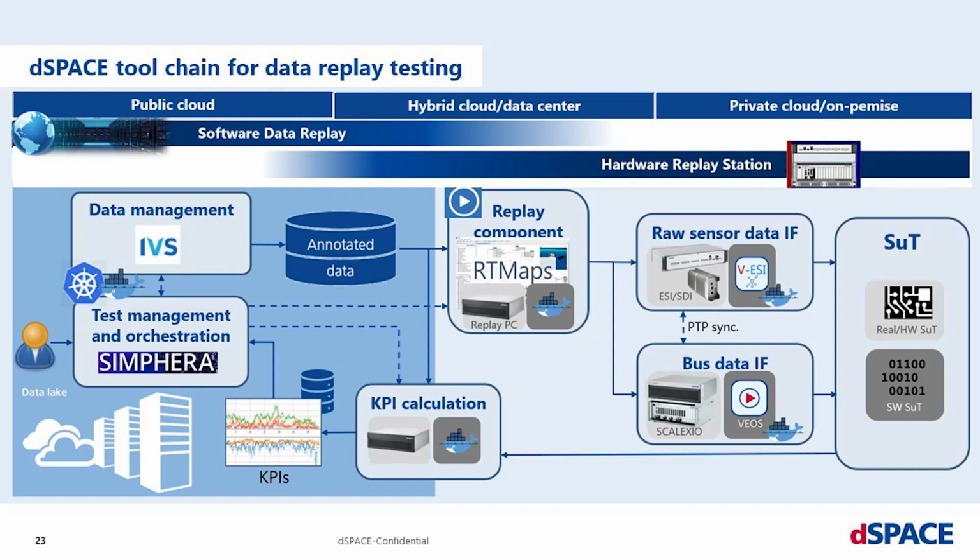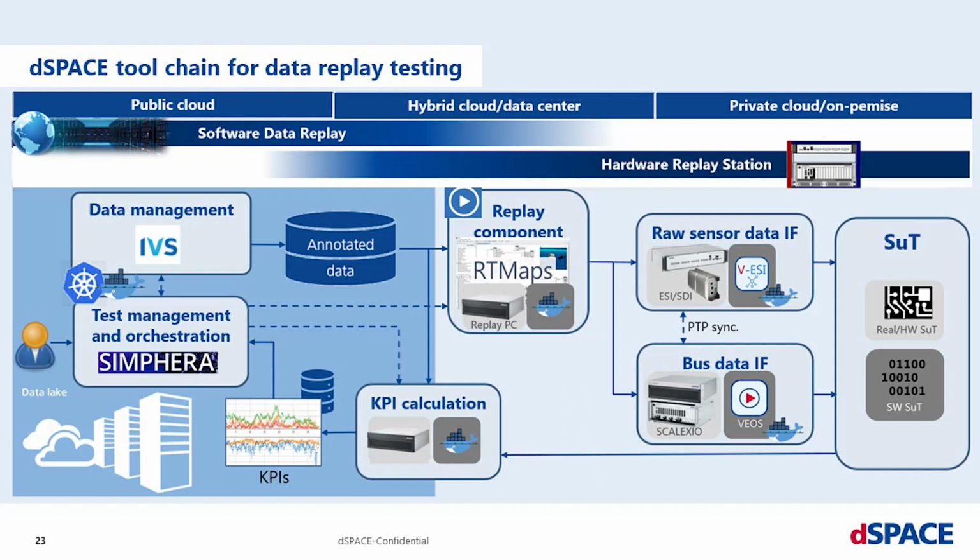For example, a startup company which focuses on development of perception algorithms will initially not invest much in its own test infrastructure. They will probably keep their data and validate the algorithms by using software data replay in the cloud without fearing high data egress costs.